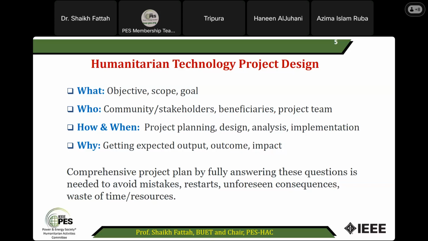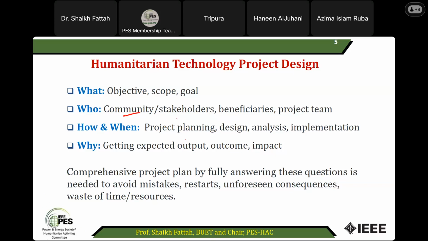And the next one is the community whom you want to serve. That is also important. The beneficiaries.